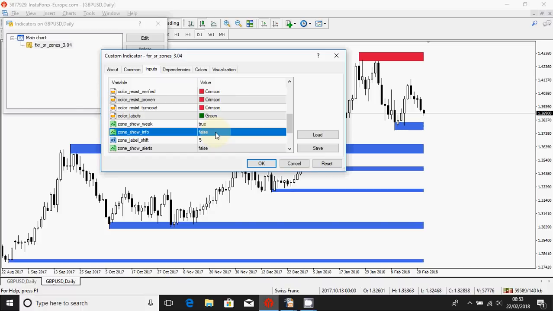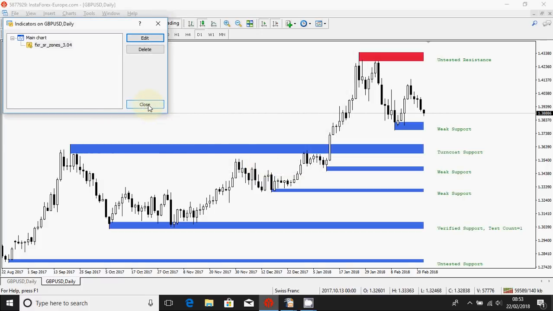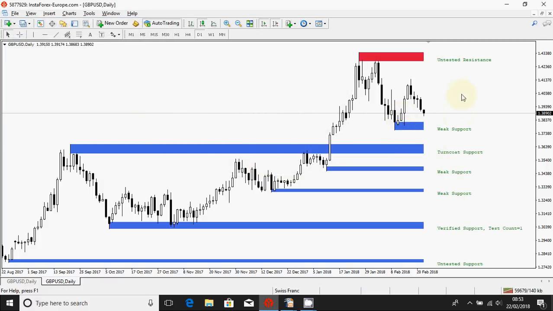Okay, if we change it to true, we get different information on the screen. Now we have information telling us what type of lines these are, depending on what has happened in the past. So the first one is telling us this is untested resistance. You guess why?